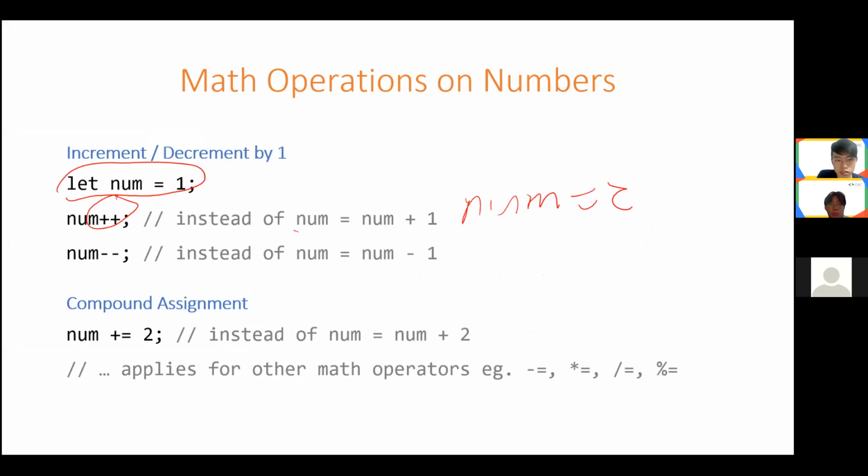You can see it's the same as this, but it's a very, very short form of doing it, which saves you time writing, especially if you're typing really fast and you don't want to be so fussy about certain things. Similarly, you can decrement or decrease a variable by 1 with the minus minus operator. So if I do num minus minus, now num will be back to 1 over here.